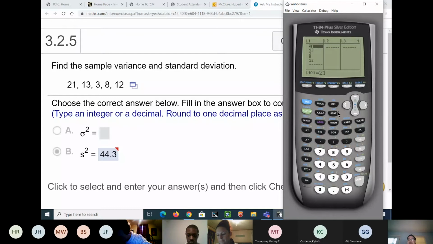Okay, I'm going to hit Stat, and I'm going to hit Sort. And there they are, sorted. Wait a minute, second one, close parentheses. There. Now Stat, Edit. Now yours should look like that: 3, 8, 12, 13, 21.